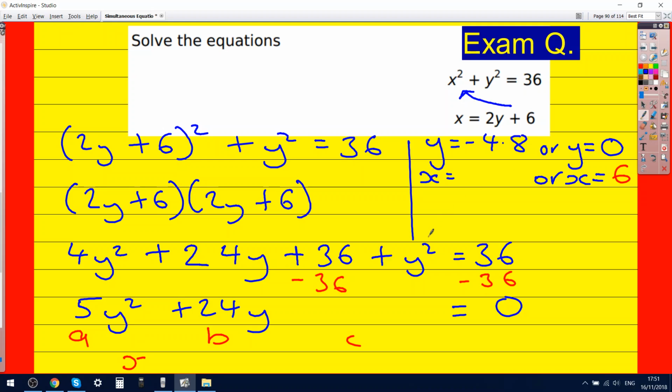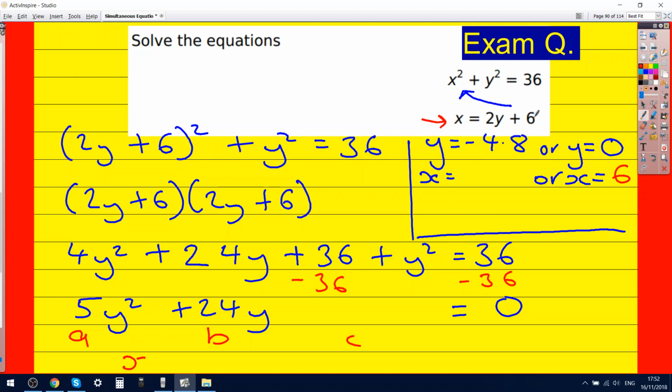If it's minus 4.8, then you do 36 take away 23.04. Use the second one.